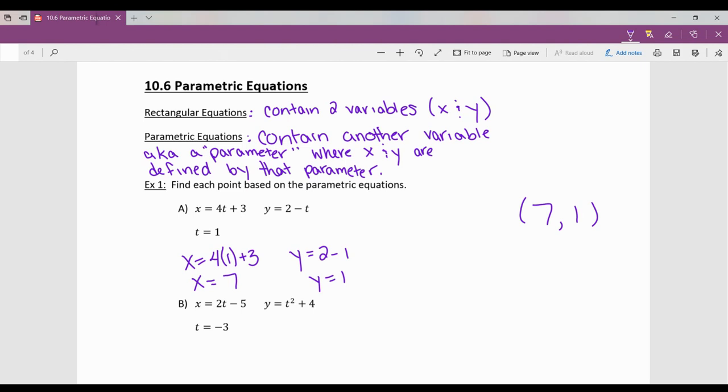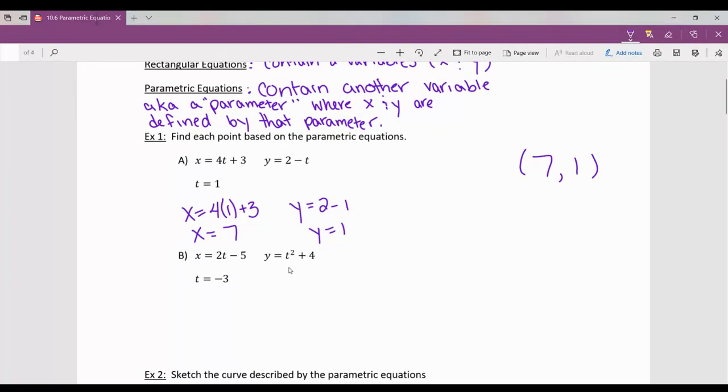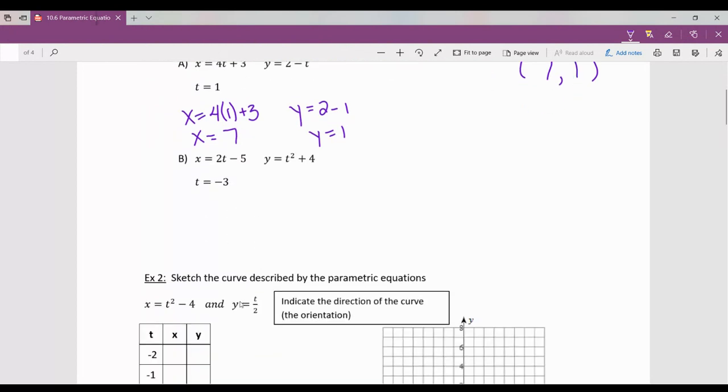And it's that simple. For the next one, same idea. We want to find that point, and it's a little more complicated equations, but it's the same thing. We're still looking for x comma y, and we're given that x is 2t minus 5 and y is t squared plus 4, where t is equal to negative 3. So x is equal to 2 times negative 3, minus 5.